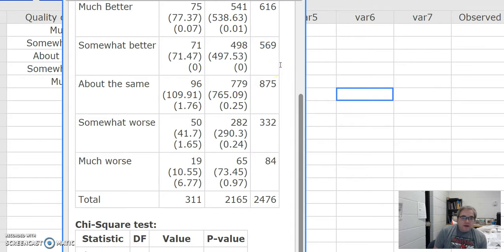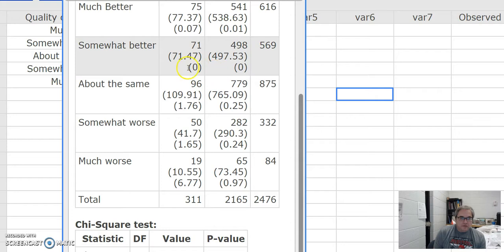What's really happening is it's looking for where your observed data, like the 541, varies from the expected. The first number in parentheses will be the expected. A fast way of doing that is to look at the second numbers in parentheses, and you're looking for big differences. The smaller these are, the closer to 0, the less difference I'm seeing.